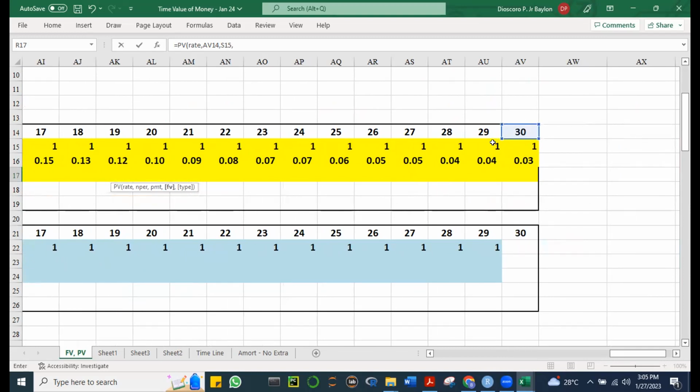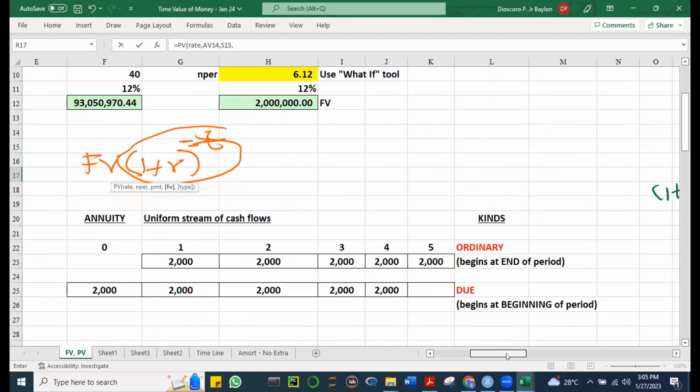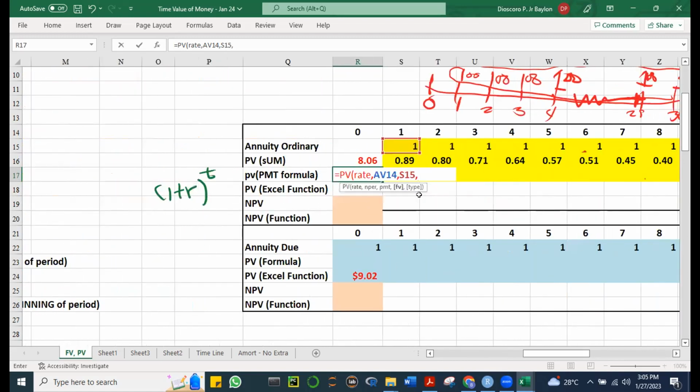Diba? After 30 years, 10. So yung 10 na yun, we're going to put it sa future value here. Oh, okay. But there's no other cash flow there. It's just an annuity of 1.